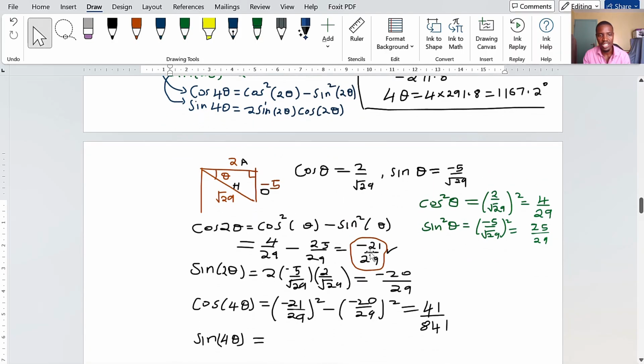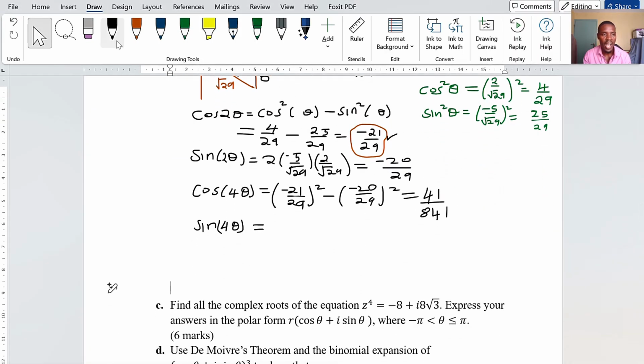Sine 2 theta is negative 20 over 29 and cos 2 theta is negative 21 over 29.